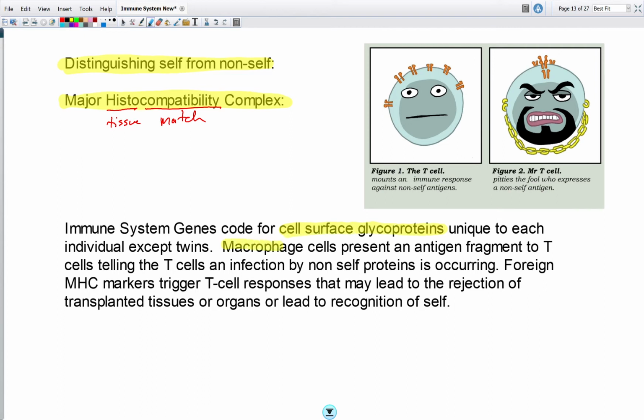So a macrophage will present an antigen to a T helper cell, and the T cell determines if it's non-self. And if it is, it leads to an immune response. These little proteins sitting on the surface of this T helper cell are called CD4 receptors, and their job is to determine self from non-self.